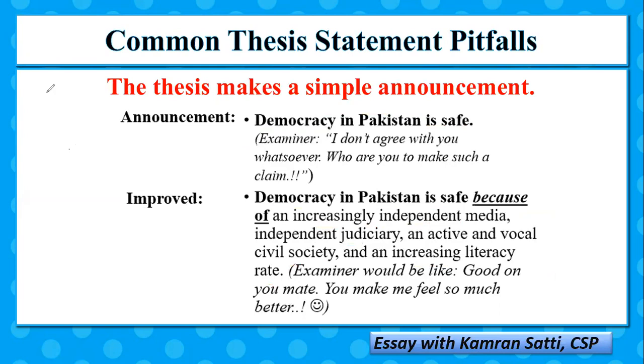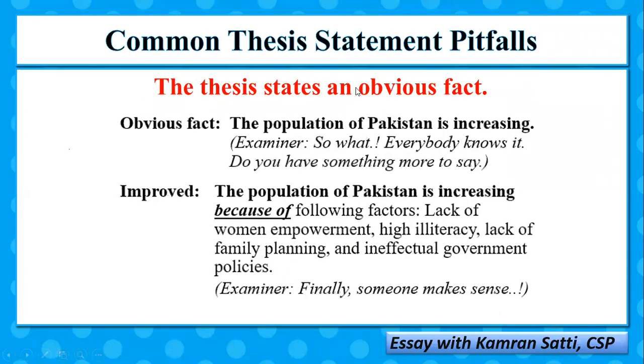The last mistake which the candidates make in their essay is that they state an obvious fact, like, sometimes, that the population of Pakistan is increasing. Now, this is an obvious fact, everybody knows it. So, what particular thing are you going to write about the increased population growth rate in Pakistan?